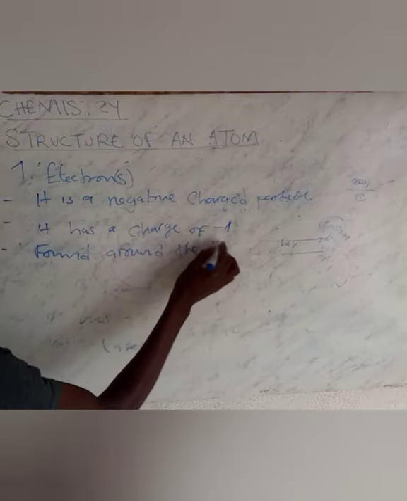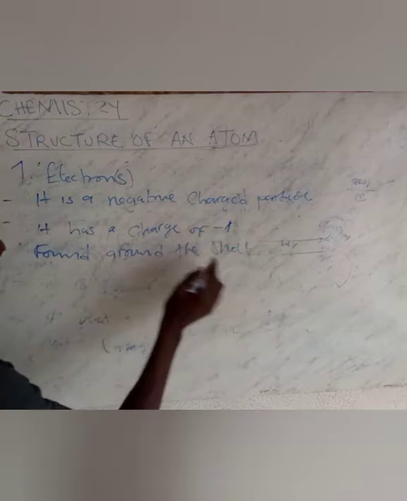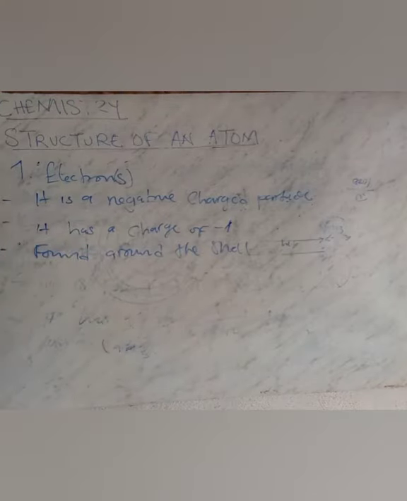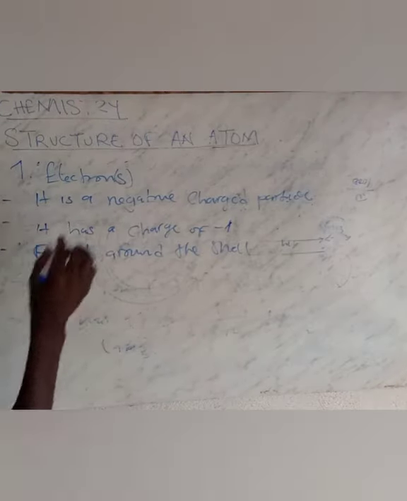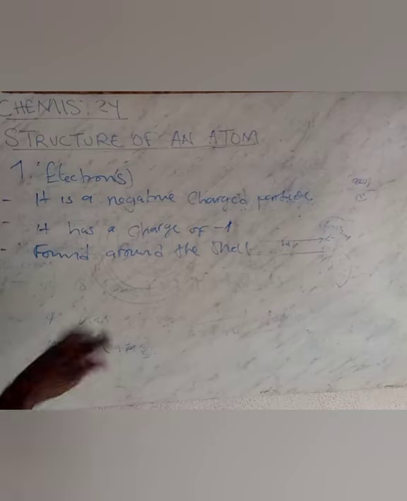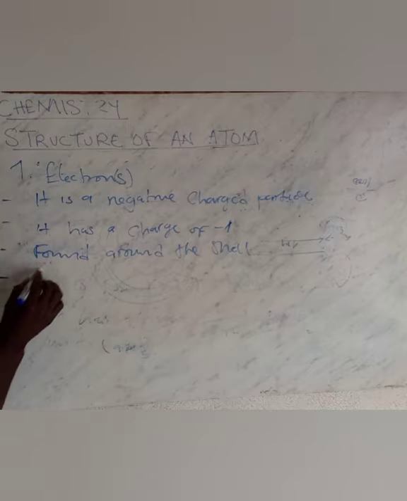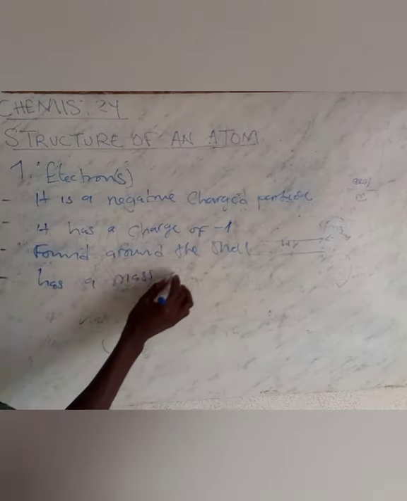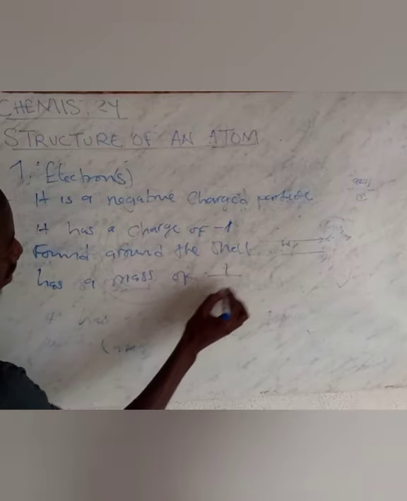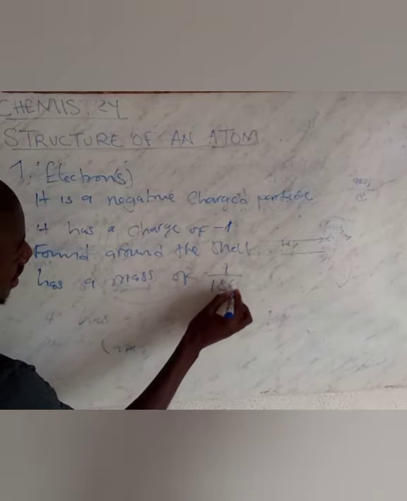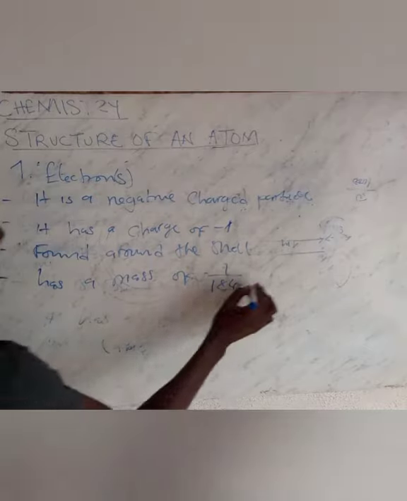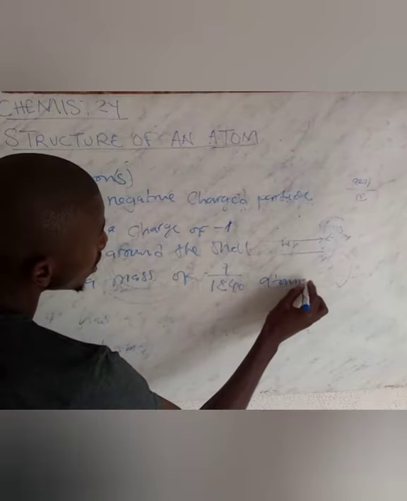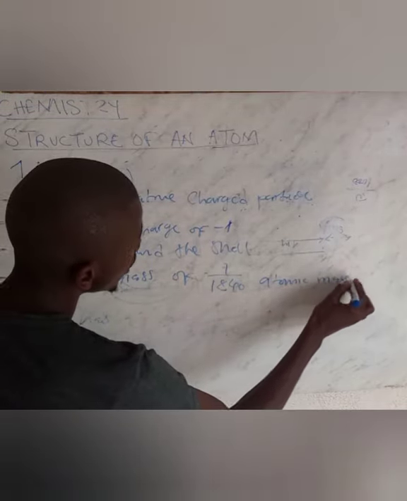the shells. I'm sure from the diagram that we drew, you were able to see that we had filled an electron around the shell. Now, it is also important for us to take note that this electron has a mass of 1/1840 atomic mass unit.